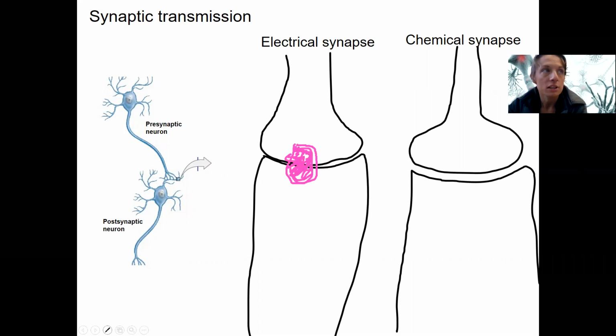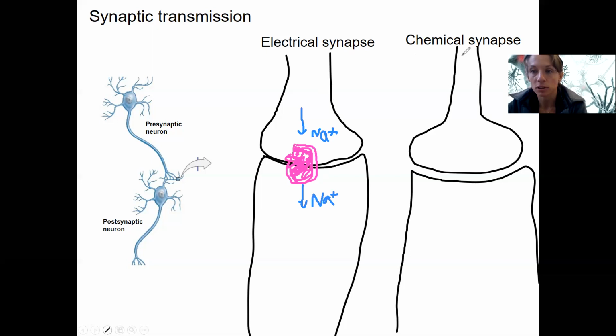So when you have a depolarization in cell 1, that is going to allow ions, so let's say this is sodium, flowing. Those ions are going to flow right into the adjacent cell. So it's electrically coupled. Ion movement in cell 1 creates ion movement in cell 2. And we'll see this type of connection again with cardiac muscle. This is how your heart contracts all at once.